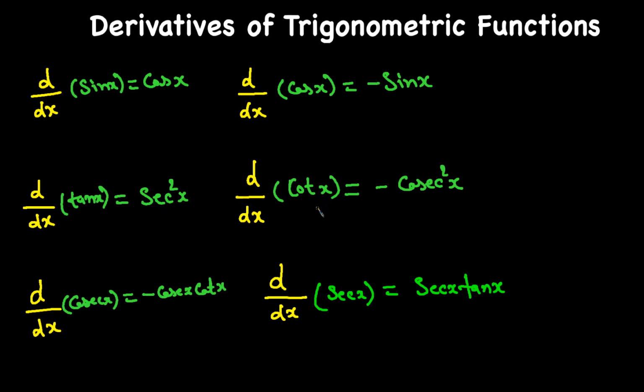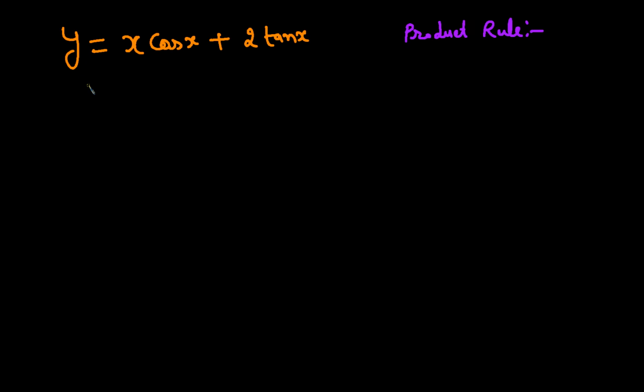The derivative of cotangent x is equal to negative cosecant square x, the derivative of cosecant x is cosecant x times cotangent x, and the derivative of secant x is equal to secant x times tangent x. Those are some standard functions whose derivatives we can just remember, and we can use them to find the derivative of other trigonometric functions. Okay, let's start with our first example.